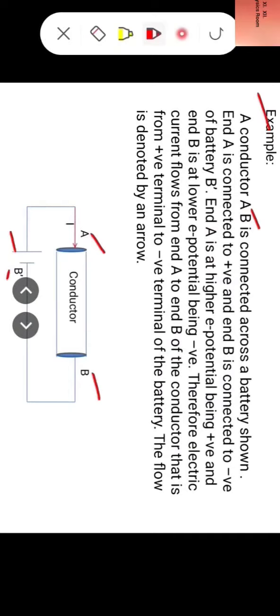A is at higher electric potential being positive and B is at lower electric potential being negative. Therefore, electric current flows from end A to end B of the conductor, that is, from the positive terminal of the battery through the conductor to the negative terminal of the battery. The flow is denoted by an arrow.